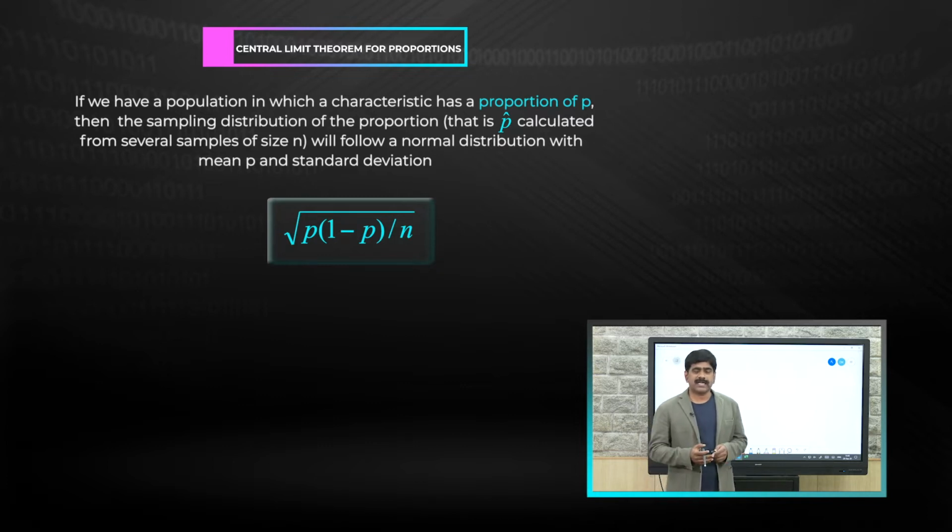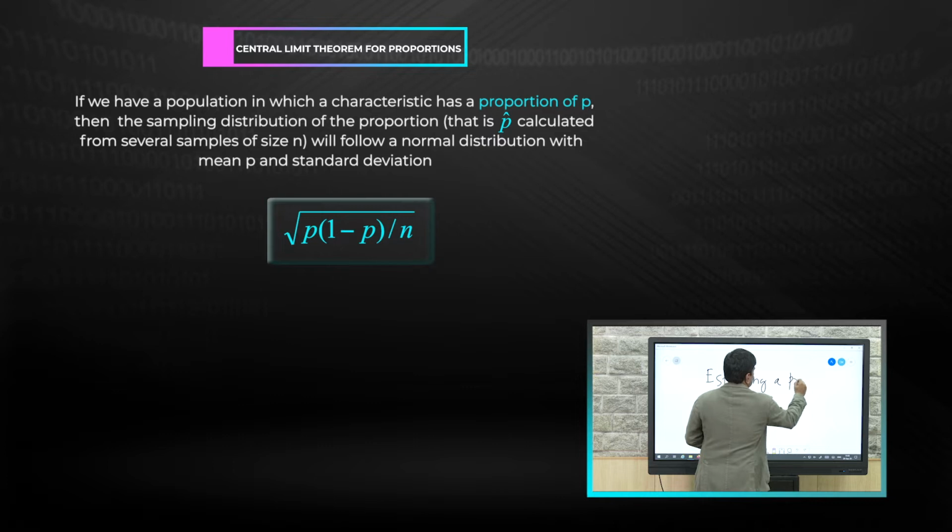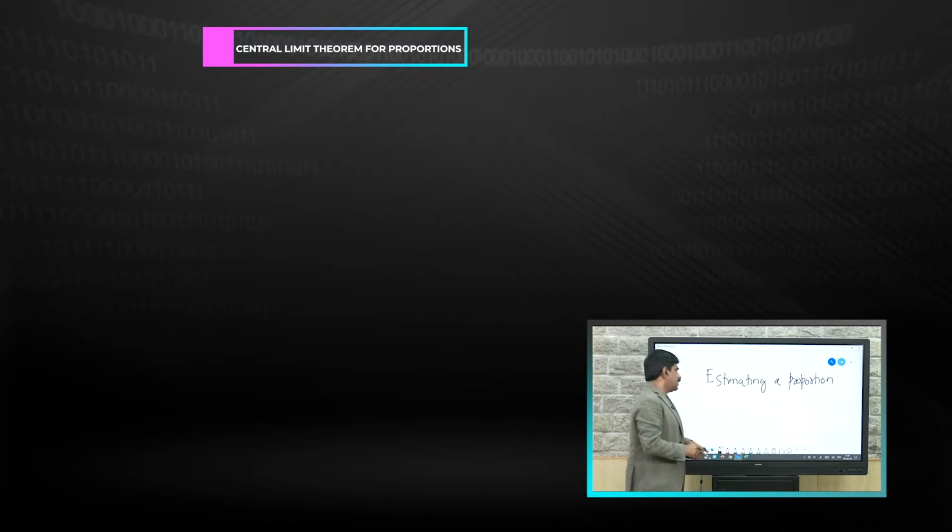So, let us try to understand the sampling distribution of proportion and the central limit theorem for proportion. We are talking about a situation where we are estimating a proportion. For example, let us assume that we are estimating the proportion of people who would return the products purchased from e-commerce sites.